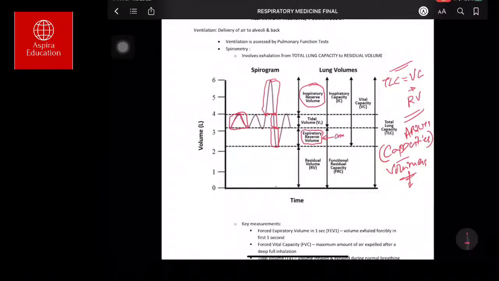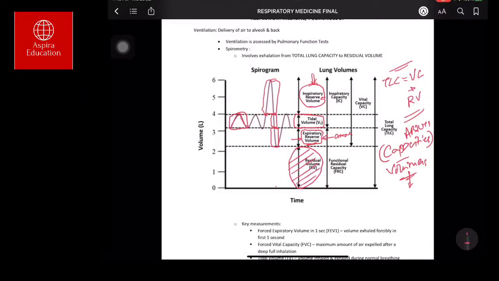Now these are amounts defined with volumes. Whatever we are doing in the normal circumstances is the tidal volume. Whatever extra we breathe in is called inspiratory reserve volume. And whatever extra we exhale is known as expiratory reserve volume. Now, the amount of volume which never leaves the lungs is called residual volume.